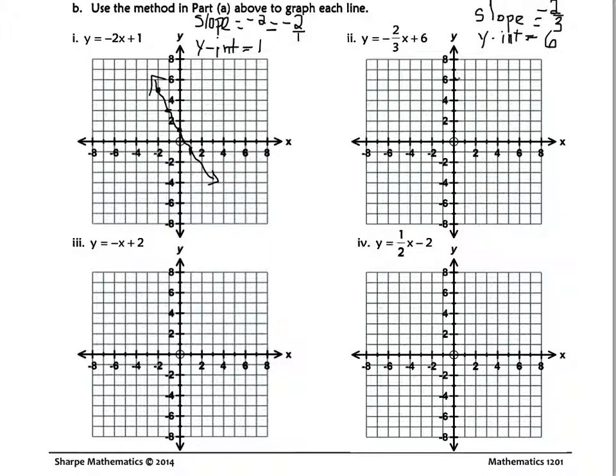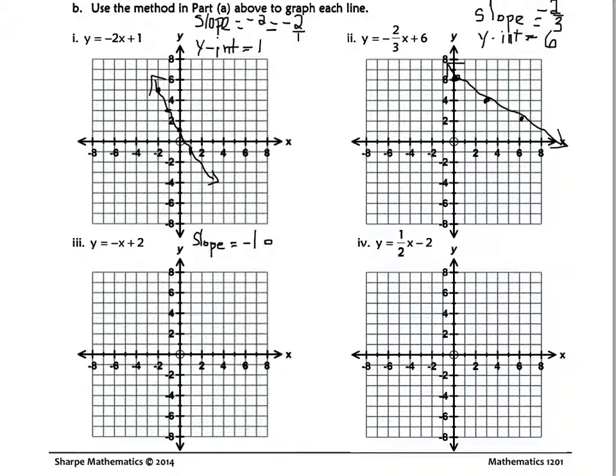So we start at 6 on the y-axis, and down 2, right 3 will give you a negative 2/3 for the slope. Down 2, right 3 would give you another point, so that the slope is negative 2/3. Next one, the slope just has a negative in front of the x, so that would mean that the slope is negative 1.